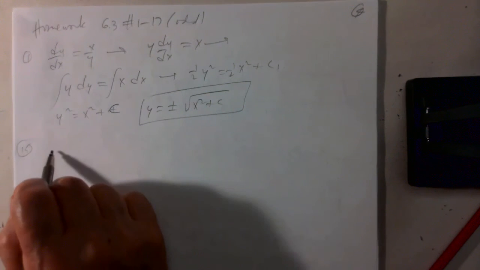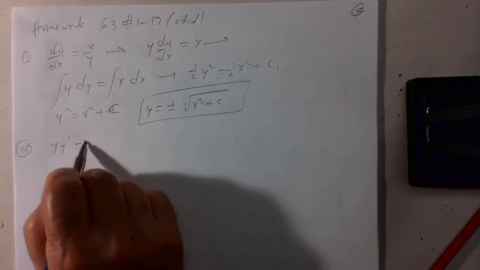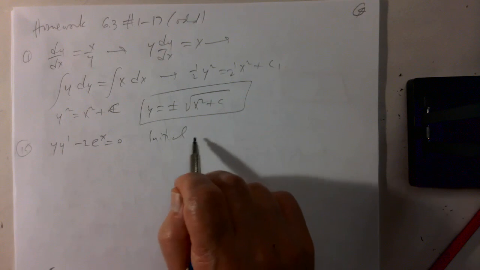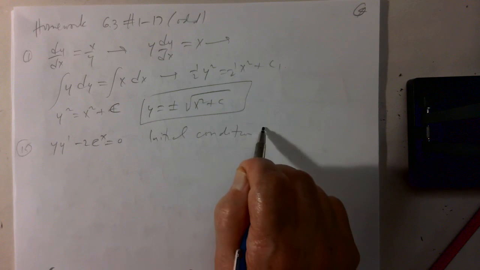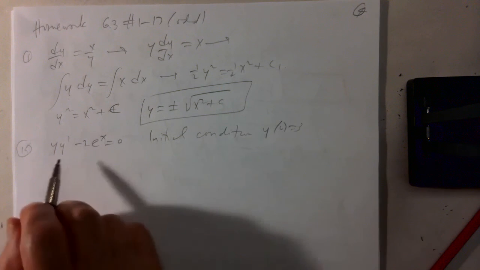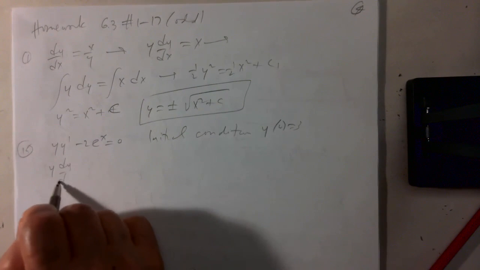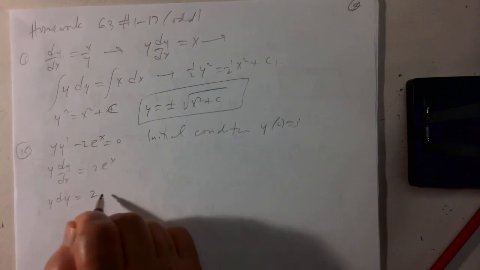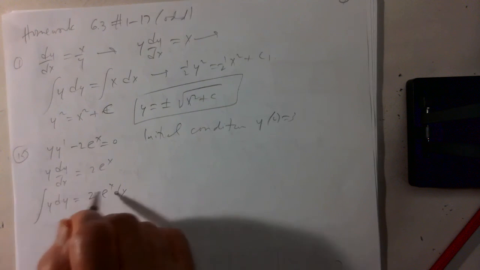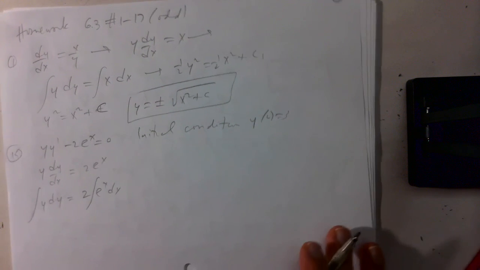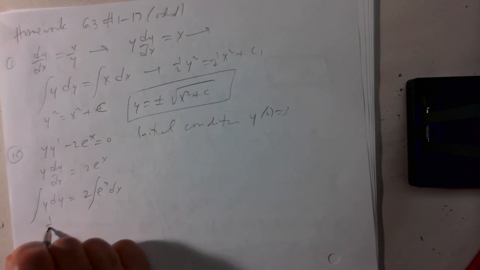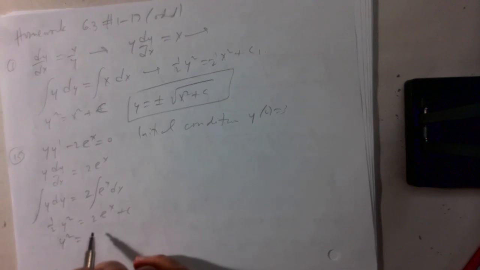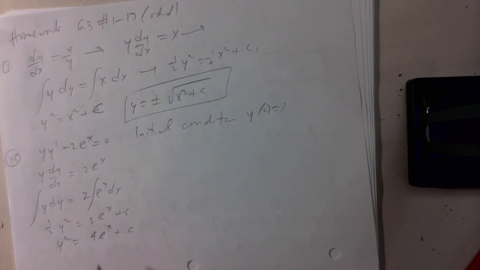What about number 15? We have the differential equation y prime minus 2e to the x equals 0, and the initial condition y at 0 is equal to 3. So we can write this as y dy/dx equals 2e to the x, or y dy equals 2e to the x dx, and integrate. You get 1/2 y squared is 2e to the x plus c, or y squared is 4e to the x plus a constant.